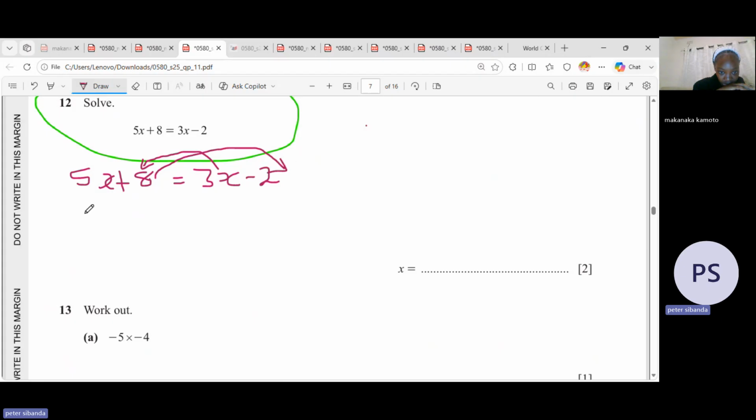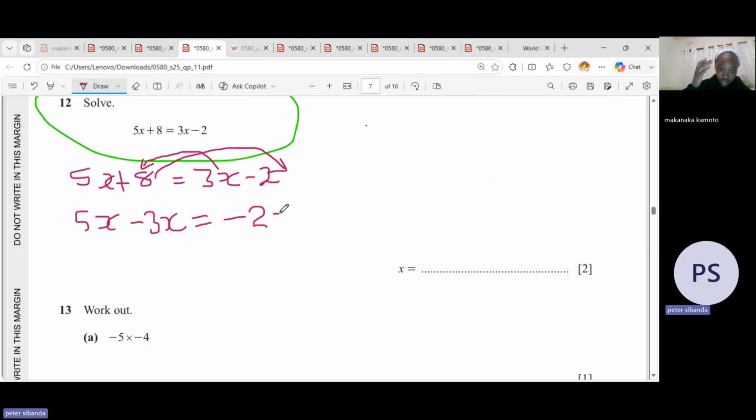So here we're going to have the 5x that didn't move, so it doesn't change its sign. But plus 3x, which was on this side, crossed over the equal sign coming here, and arrives as minus 3x, then equals, because the plus 8 is no longer on this side. It has moved to that side. That side we already have a minus 2, and when a plus 8 arrives there, it arrives as what?